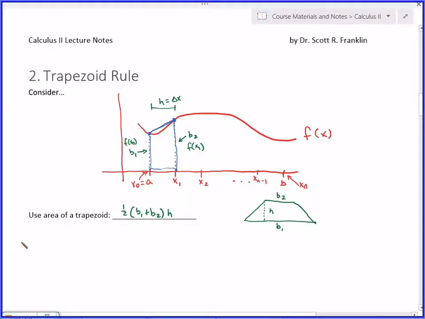So then I can use the sum of all those trapezoids. Just repeat that process, right? If I drew another point here, went down, do another trapezoid there, and all the way through down to here, another trapezoid.